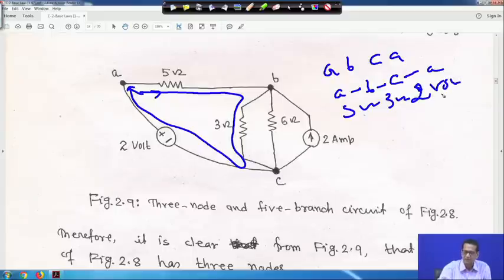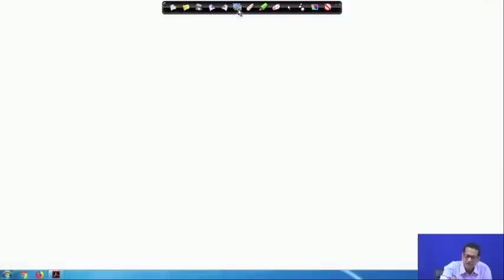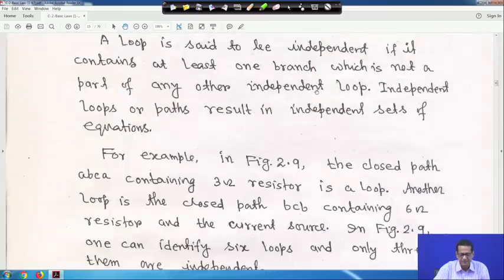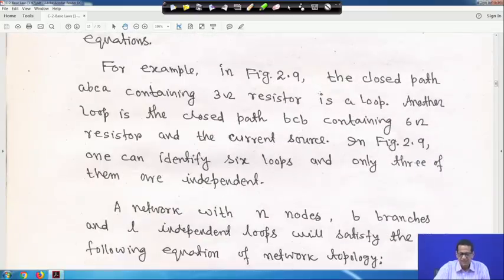So 5 ohm, 3 ohm and 2 volt, this is also a loop. This way, in this circuit you will find 6 such loops, but only 3 loops are independent, right.